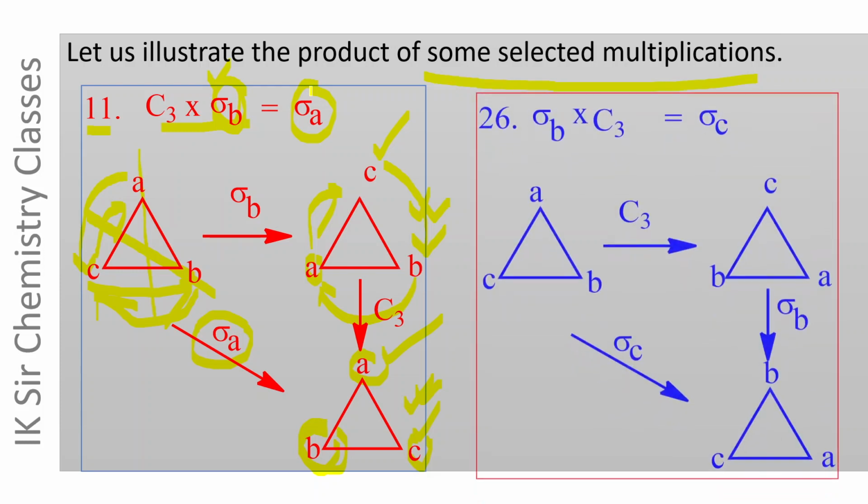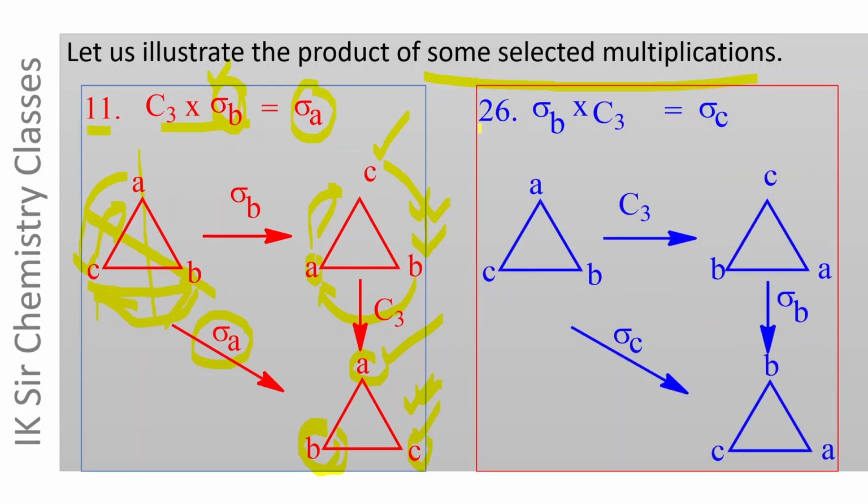Now, let us consider the product at position 26. It represents sigma B multiplied by C3. Here, the symmetry operation written on the right hand side is carried out first, followed by the symmetry operation sigma B written on the left hand side.